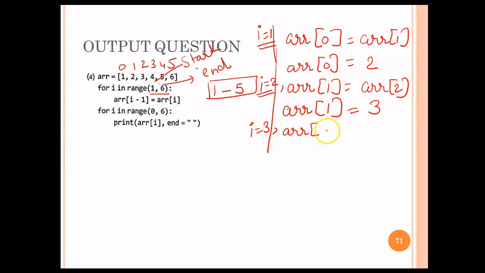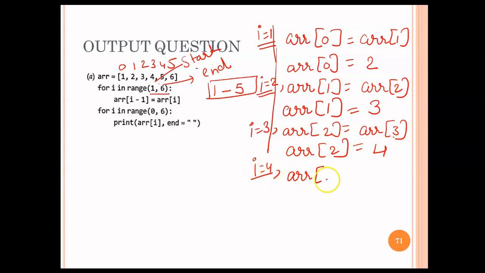So arr[2] is equal to arr[3]. arr[3] is 0, 1, 2, 3, which is 4, so arr[2] is equal to 4. Then i will become 4. So arr[3] is equal to arr[4], and arr[4] is 5.